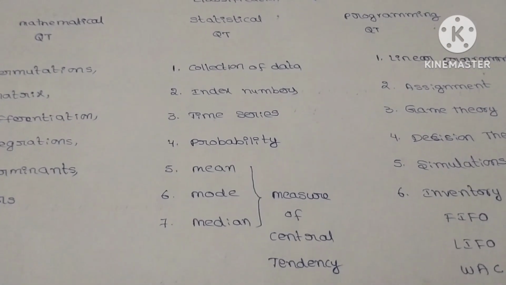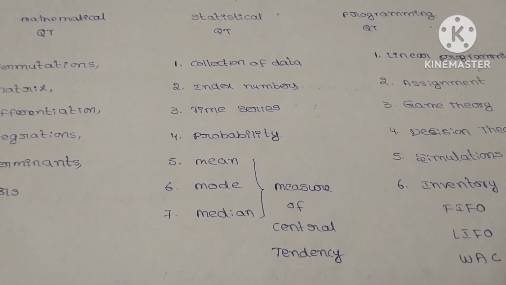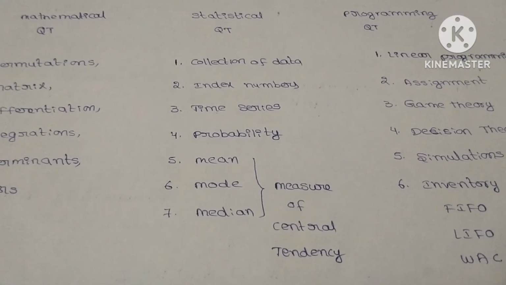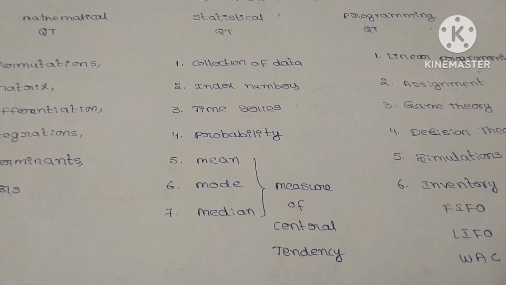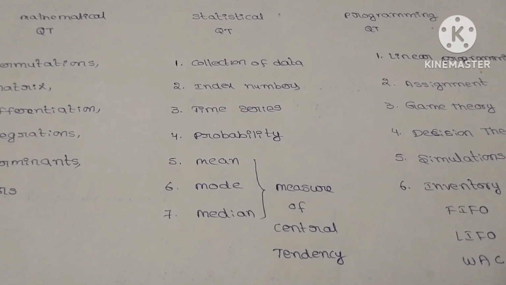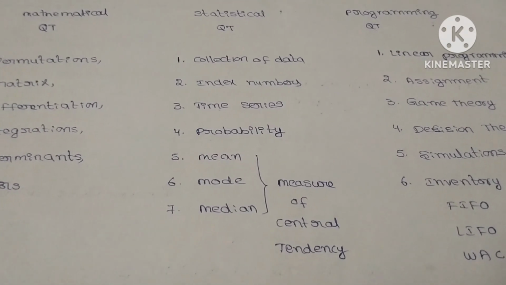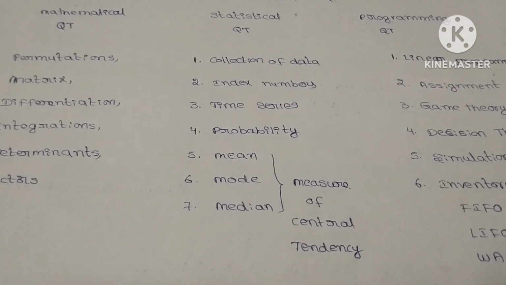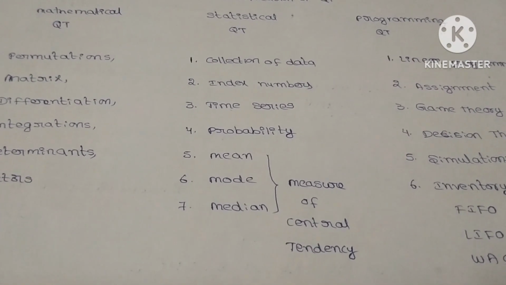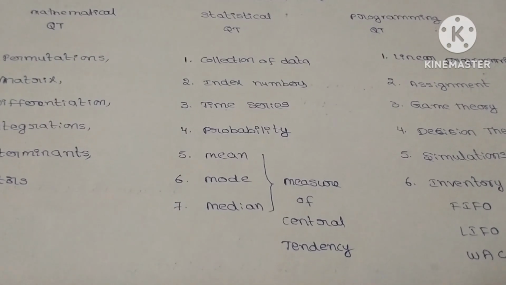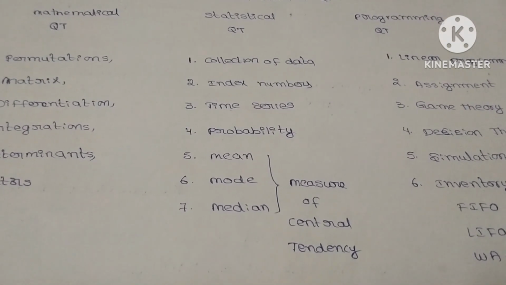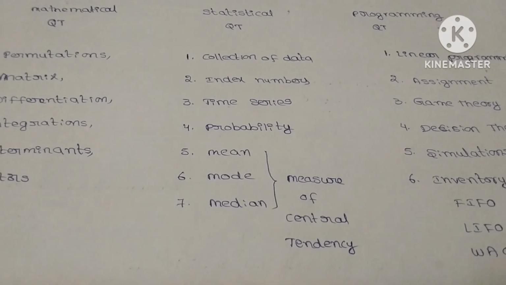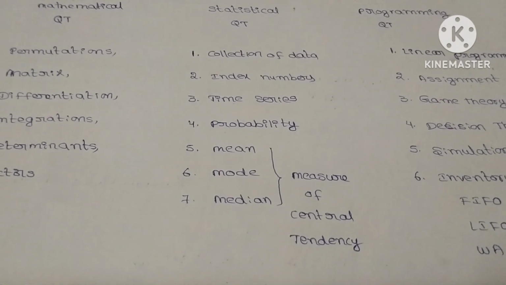Coming to the statistical part, here we will have the statistical procedures. I have listed a few of them. The first one is collection of data. Second one, index numbers. Third, time series. These all come under the 10th standard of your mathematics.